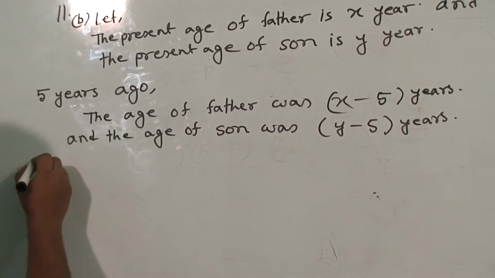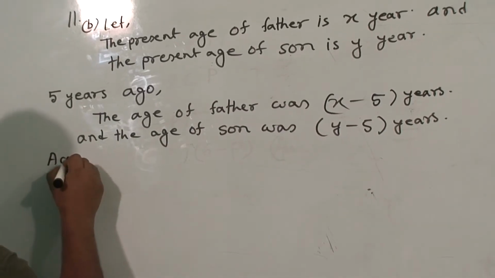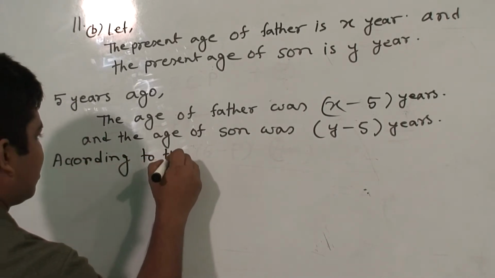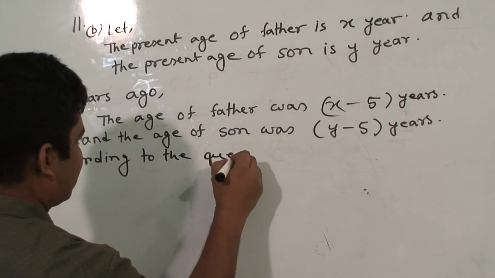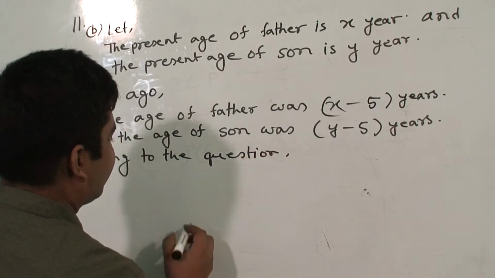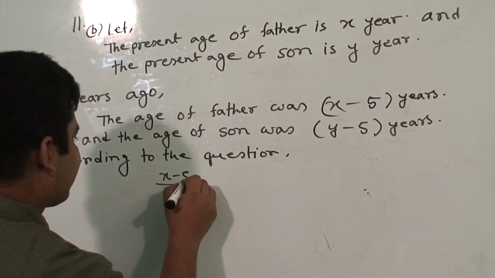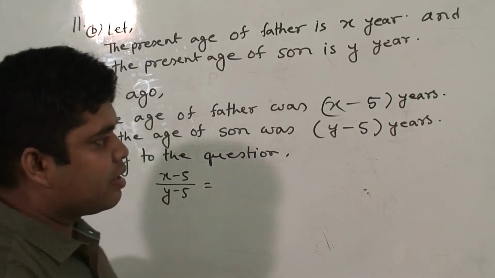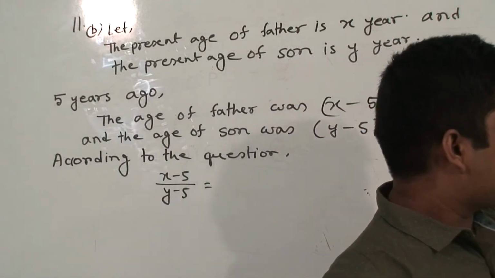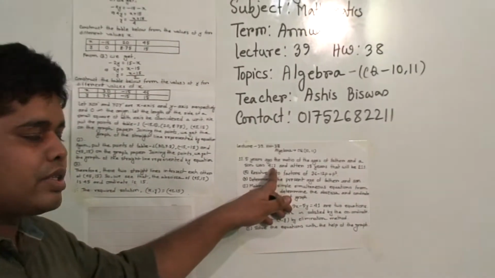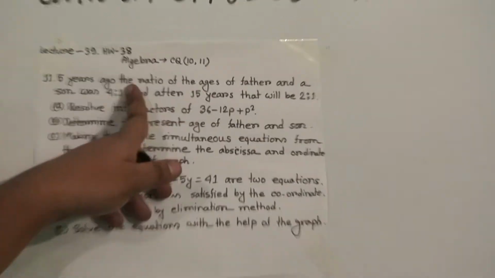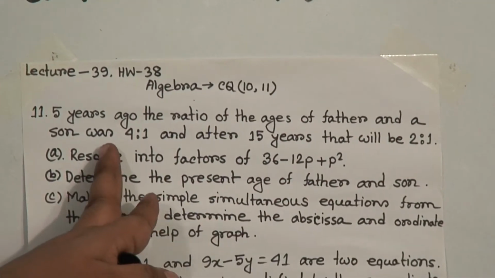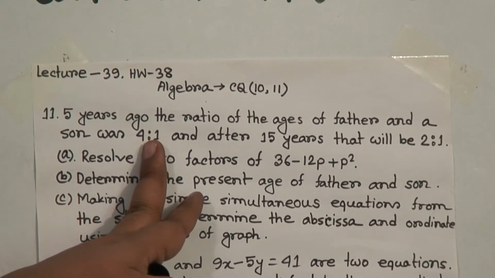So according to the condition or question, notice x minus 5 divided by y minus 5. Here you notice the ratio was 4:1. That means 5 years ago the ratio of the ages of father and son was 4:1.